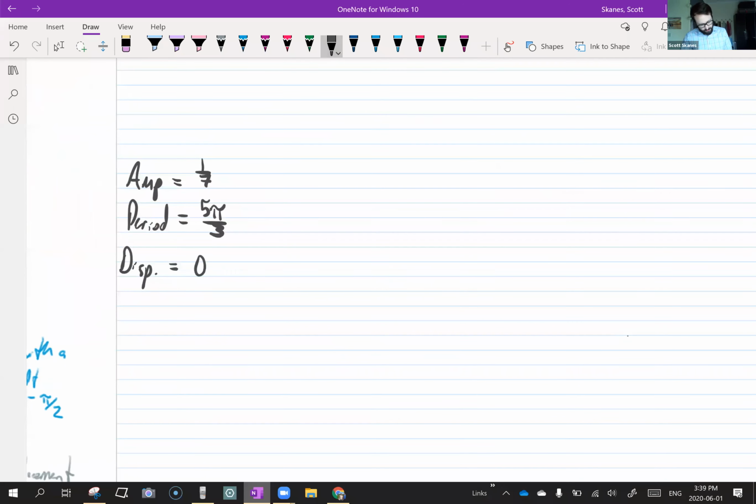So let me show you what this looks like. We need to write a function that looks like this. We need to fill in A, B, and C. If we know A, B, and C, we will have the answer to this question. A, B, and C are actually very easy to get, at least in my opinion.